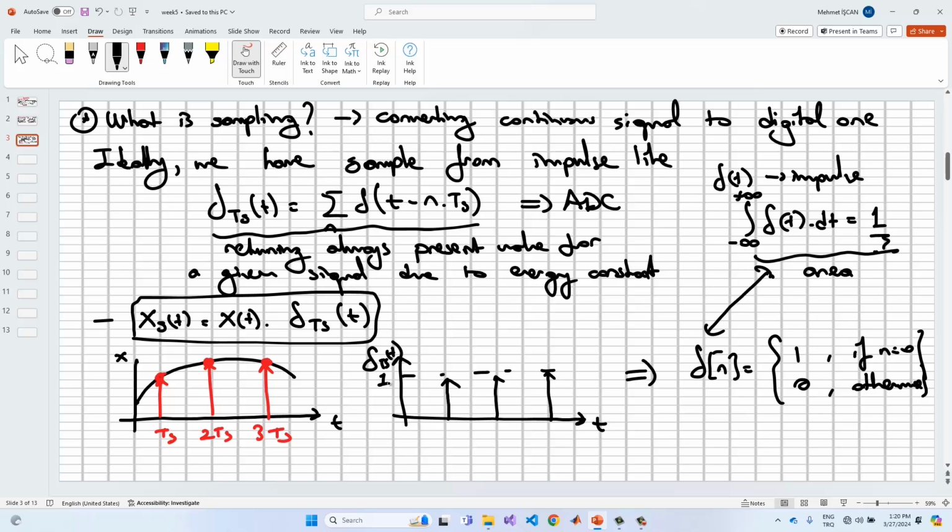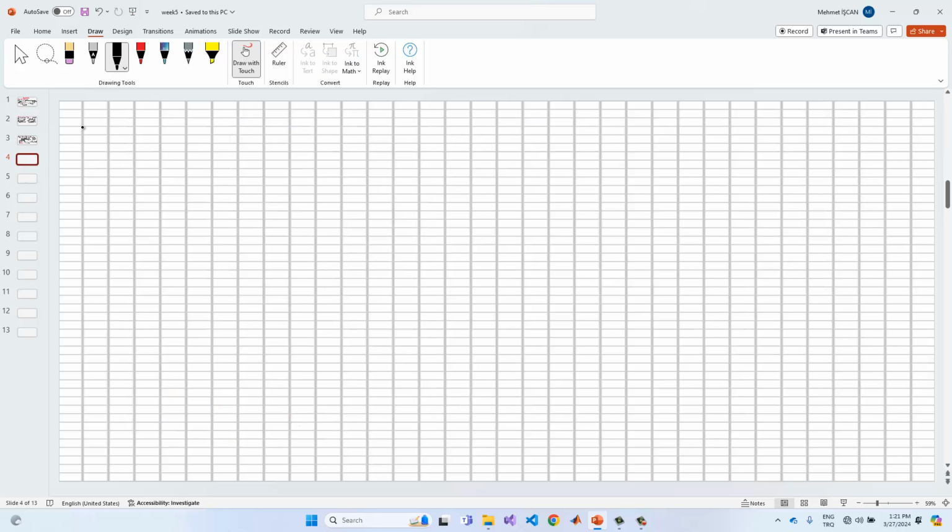If we take any signal, just see that this x exists in the environment, but if we apply this impulse signal to it, we can take the features of these terms. How can we create the continuous version of this object? x star impulse can be written just like this.